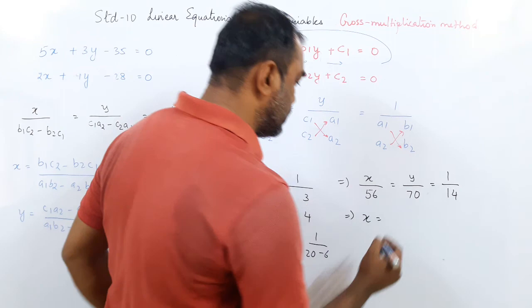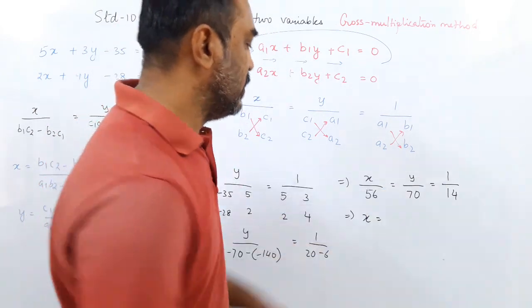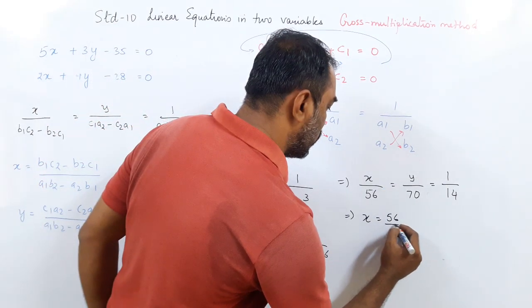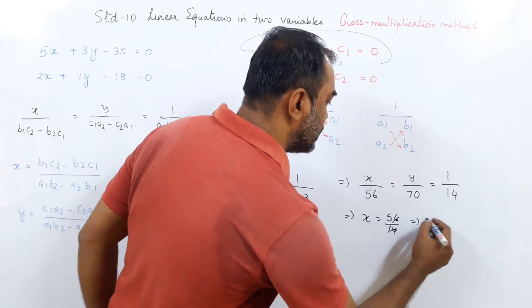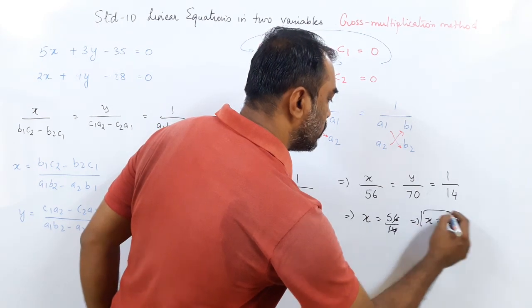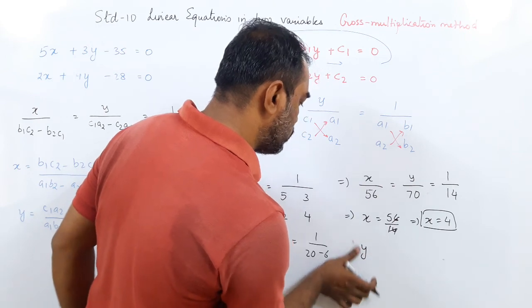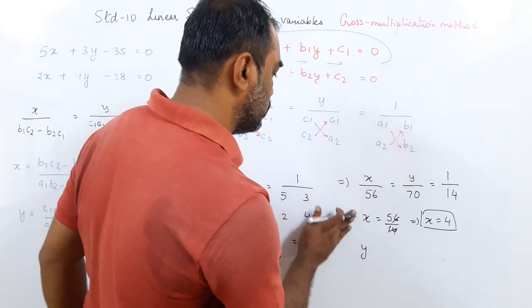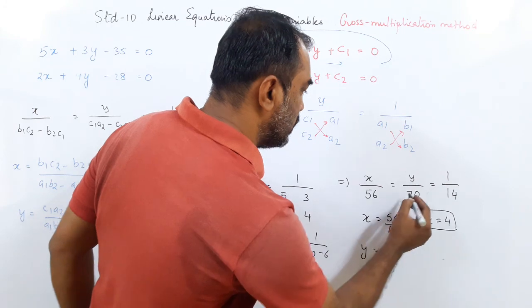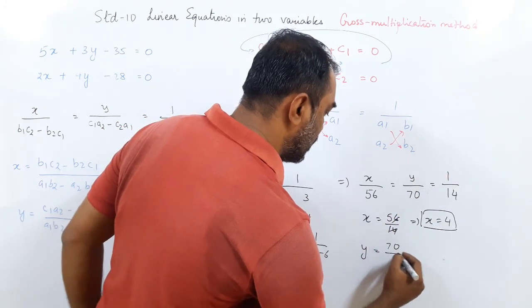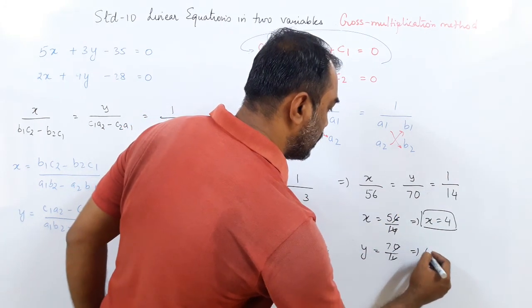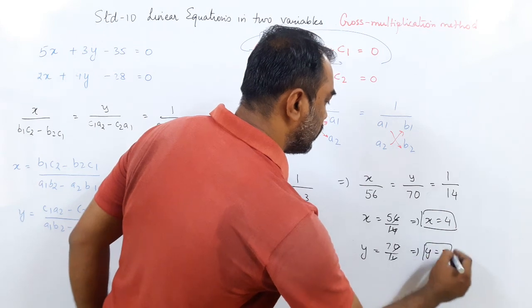So your x is equal to, take the 56 here. So 56 upon 14 implies x is equal to 4. Y is equal to 70, you take here, 70 upon 14 implies y is equal to 5.